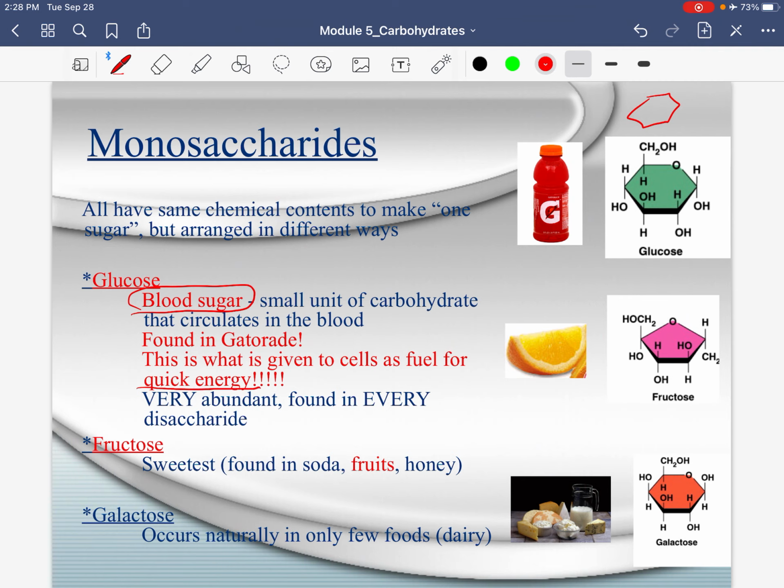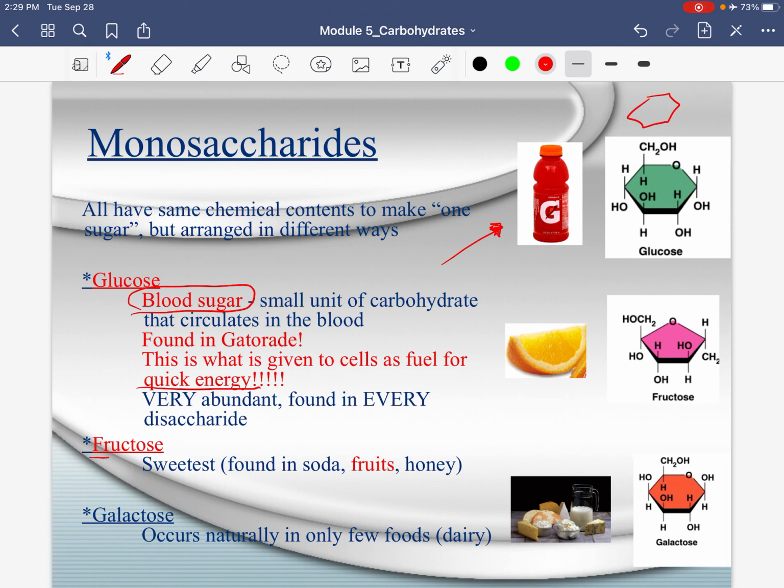We have a lot of it, glucose. Glucose is what is found in Gatorade. So if we need to hydrate, replenish carbohydrates quickly, we might as well ingest it in monosaccharide form. Because if we ingest it right as glucose, we don't even have to break it down. Our body can just pretty much absorb it right away, and it will get to the cells the quickest.